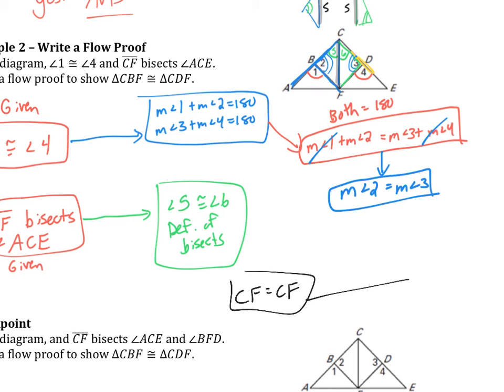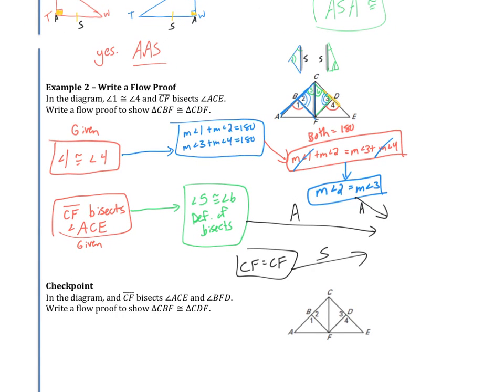So now because of this, we have angle, angle, side. So now we can say the triangles are congruent by angle, angle, side. So triangle CBF is congruent to triangle CDF by angle, angle, side.